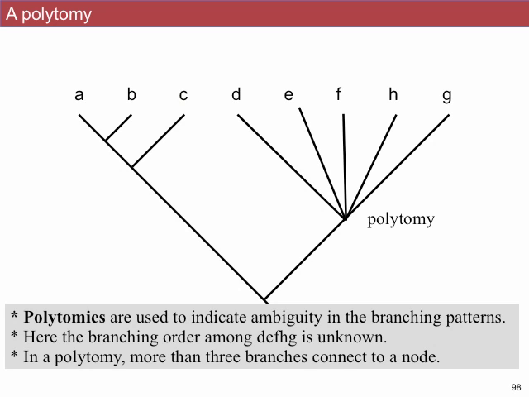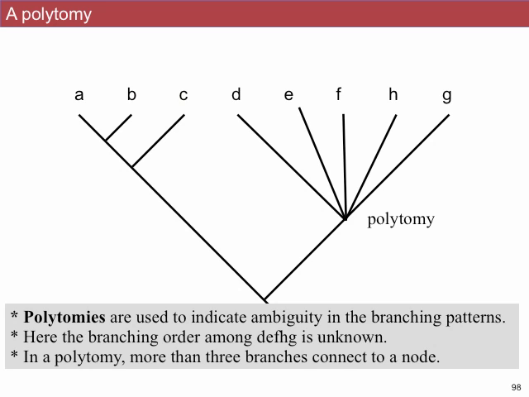Question. Yeah, question. You can go ahead. So a polytomy is 3 or more branches? Yes. A polytomy is 3 or more branches coming out of a node, but this, actually, this is correct on the figure here. It says more than 3 branches connect to a node.